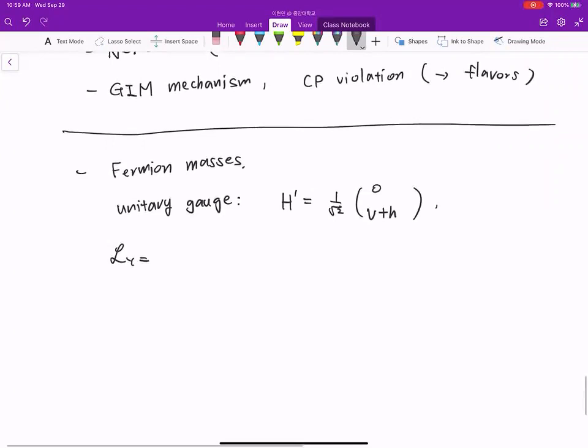And then the Yukawa interaction should be written in terms of the primed quantities in this gauge.